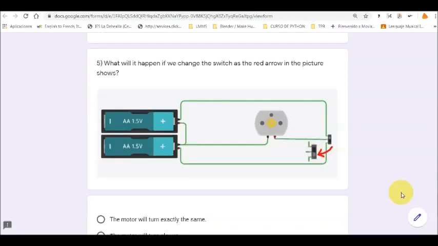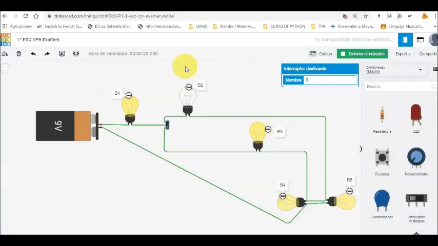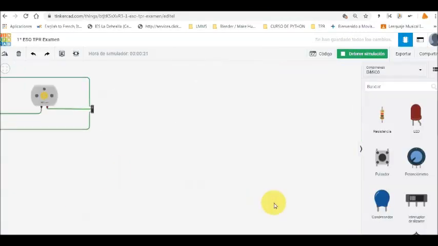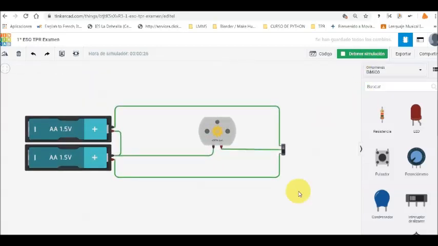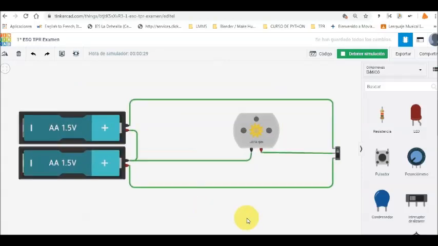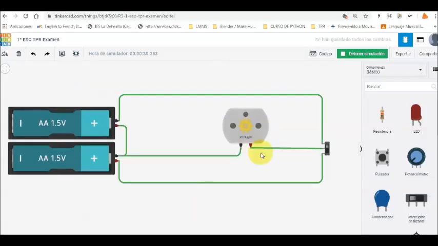And finally, we have the motor. Okay, so we have the simulation running. So now it's moving. The motor is turning. So we can appreciate now what will happen as soon as we switch the circuit. Okay, right?